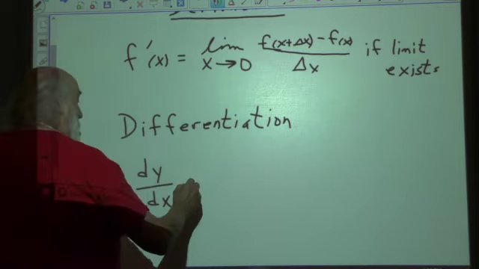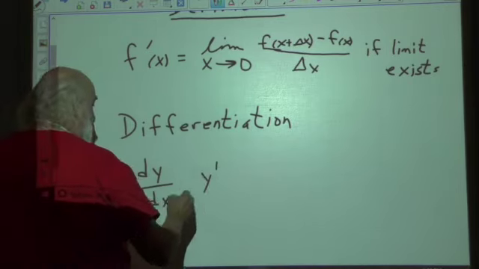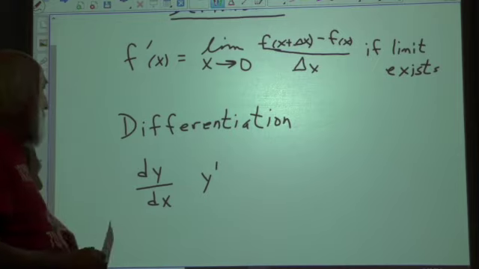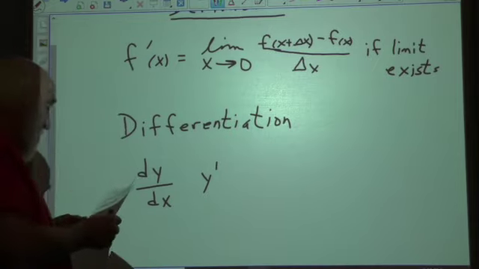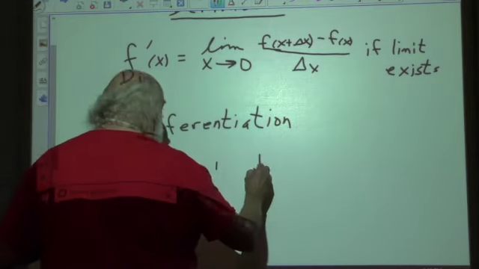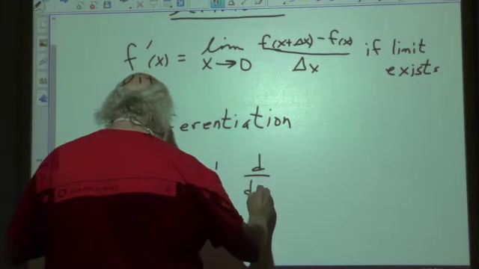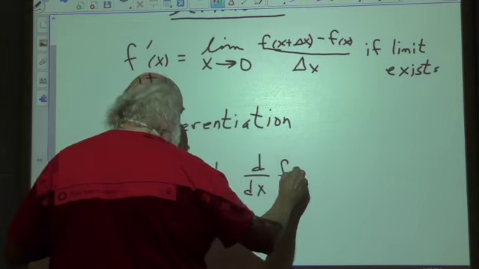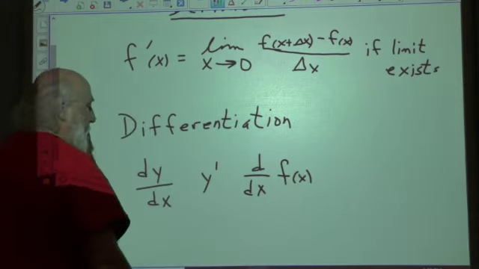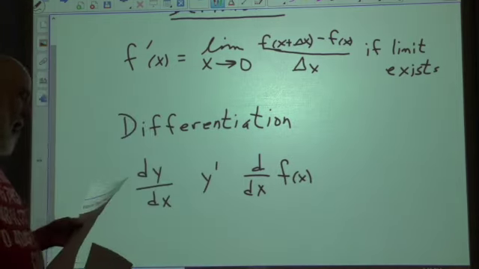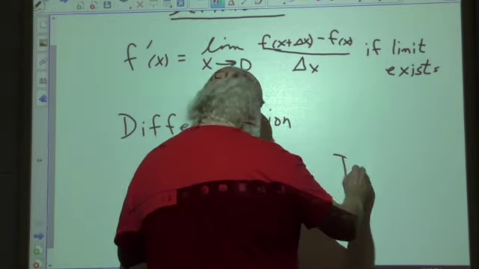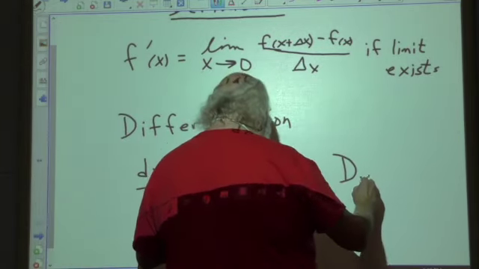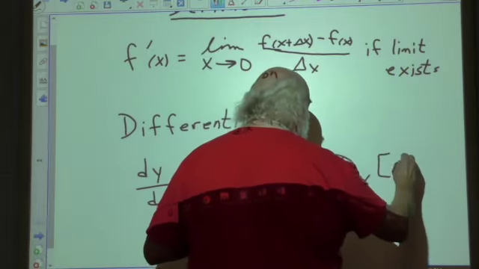You also see y prime as a way of describing f prime of x and dy dx, or d dx of f of x. That's another one.